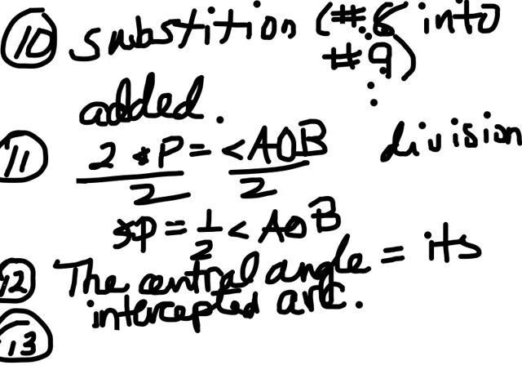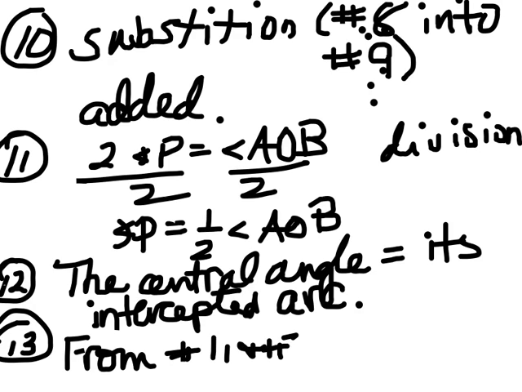Angle P is equal to half measure AOB. Why is that true? Look. Because you already told us this. Well, I know, but we're proving it. Look at 11 and 12. What did they just do there?